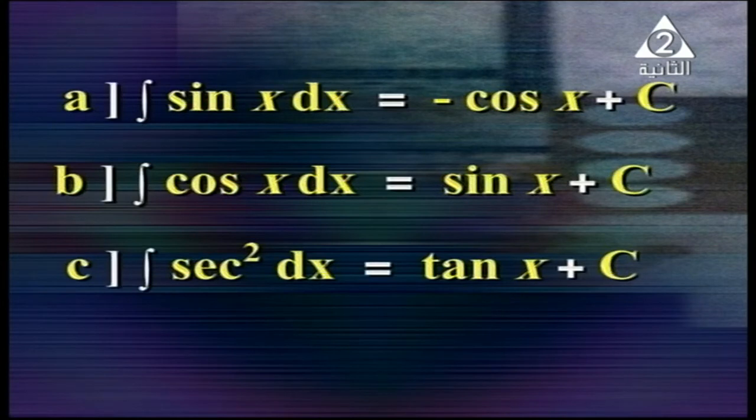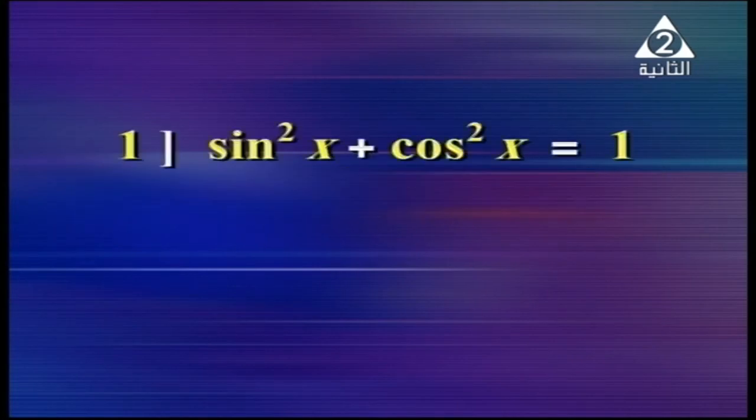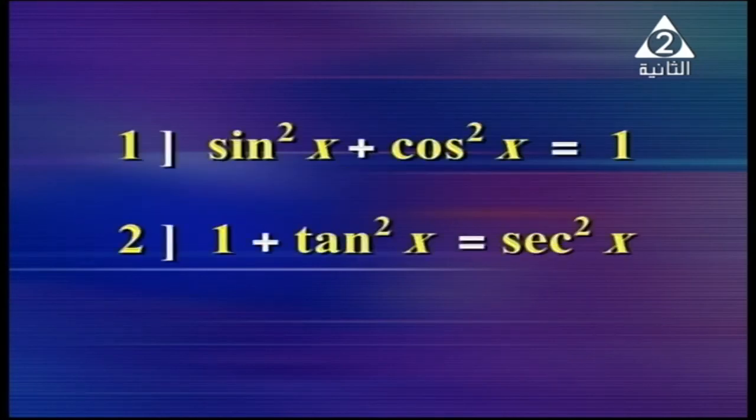The integration of sec squared x dx equals tan x plus c. Remark, dear student: sine squared x plus cosine squared x equals 1. Remember, this is the equation of the unit circle whose radius is 1: x squared plus y squared equals 1.